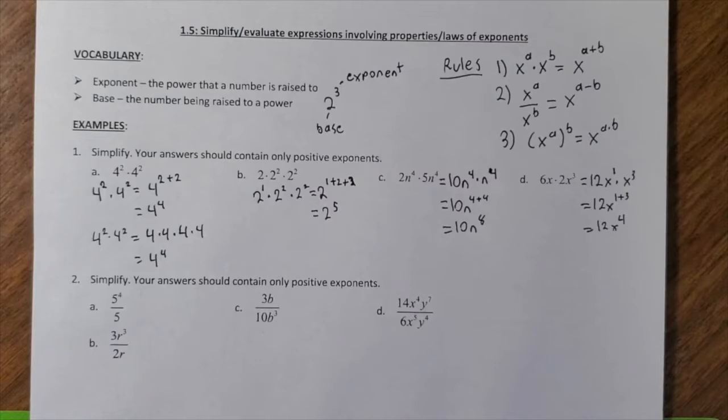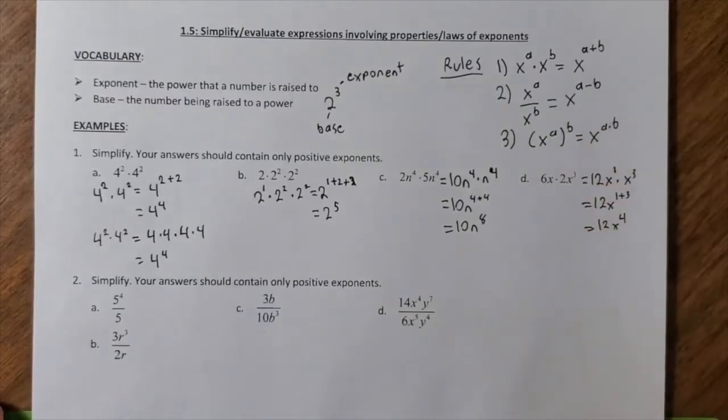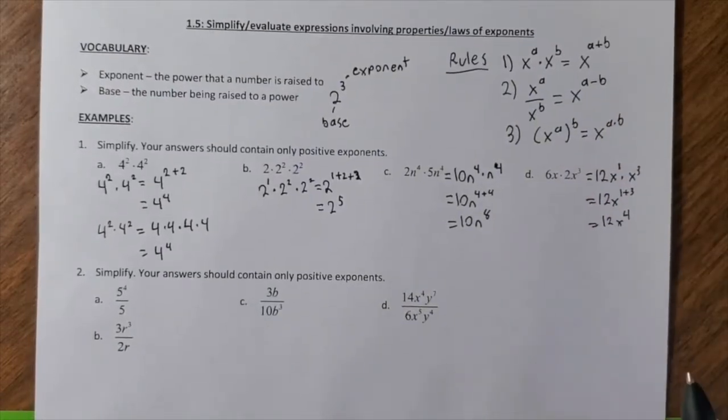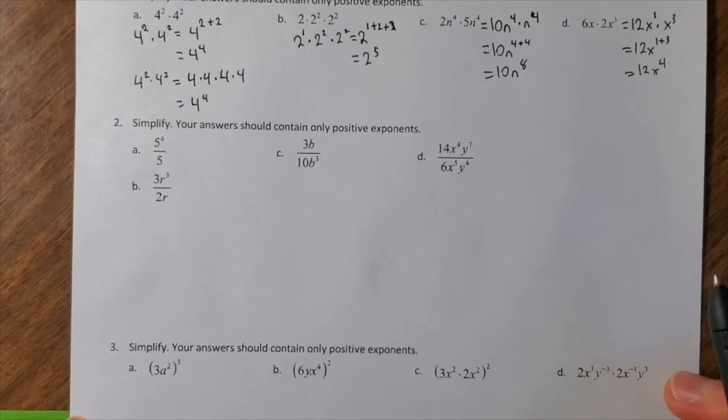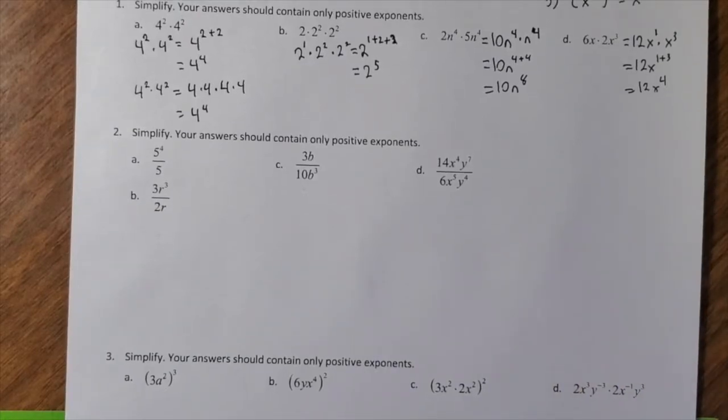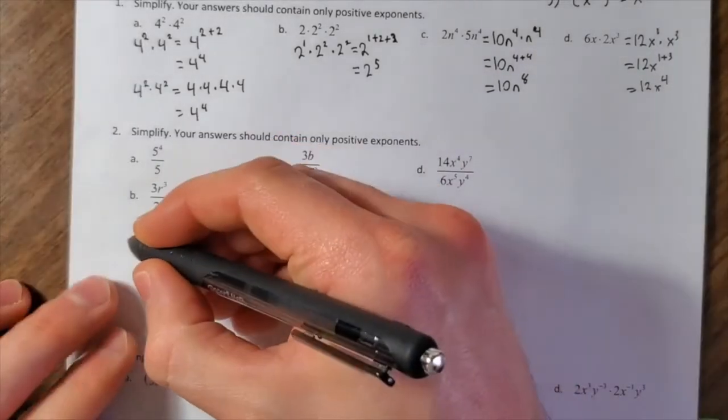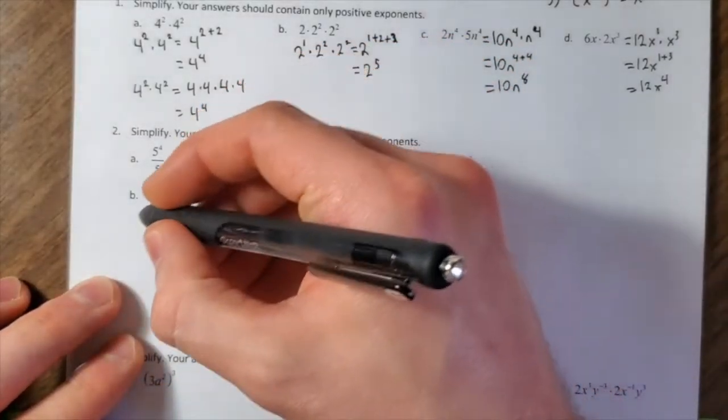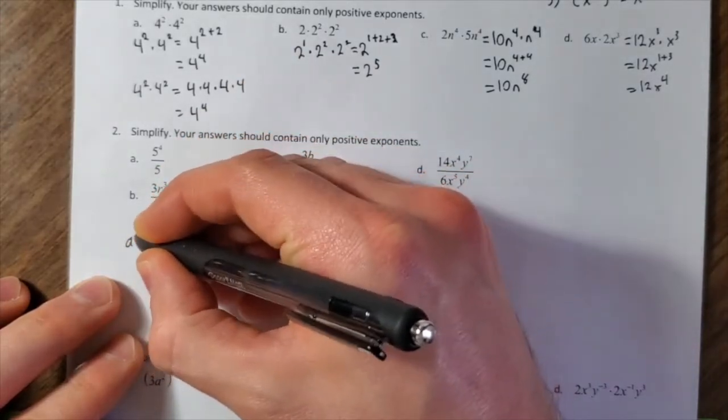We've got our like bases with different powers, so we can add them together. Now let's try our second rule, number 2 here, which is our quotient rule. We're going to have to use subtraction this time instead when we're comparing our bases. So I'm going to recopy down letter A down here.